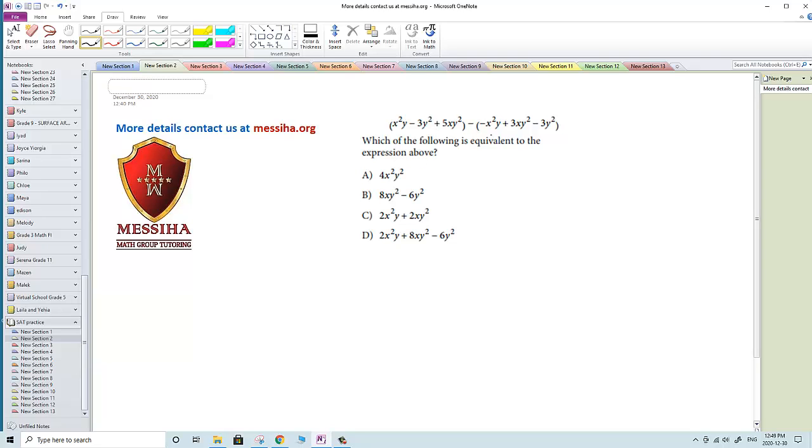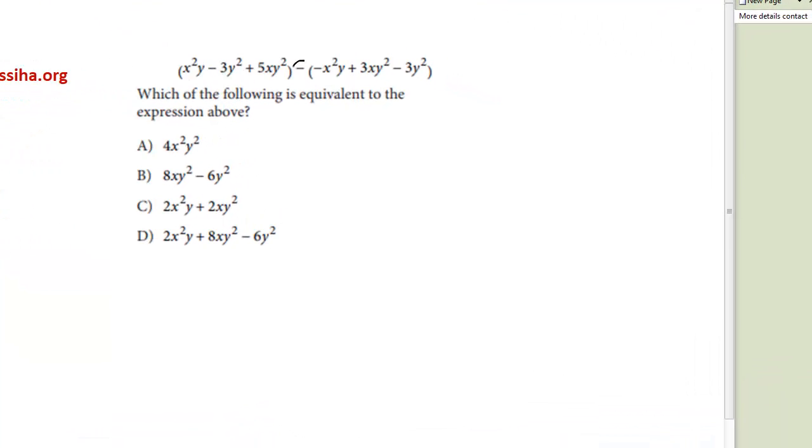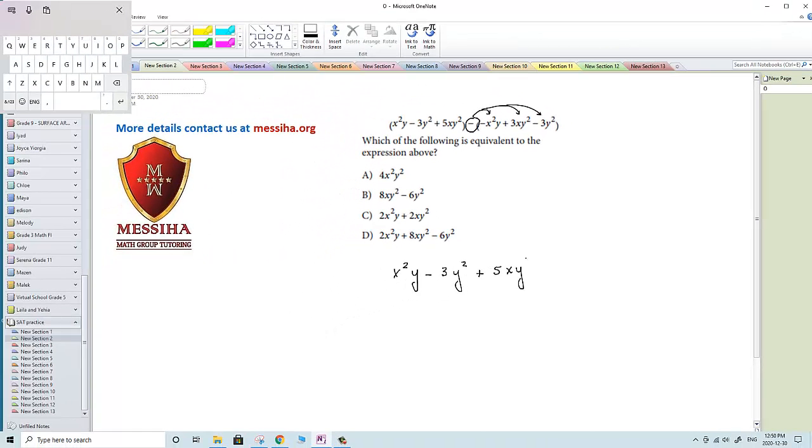Since I have a subtraction, I have to distribute it for each term inside the second bracket. So I'm going to repeat the first thing, x squared y minus 3y squared plus 5xy squared, as it is.